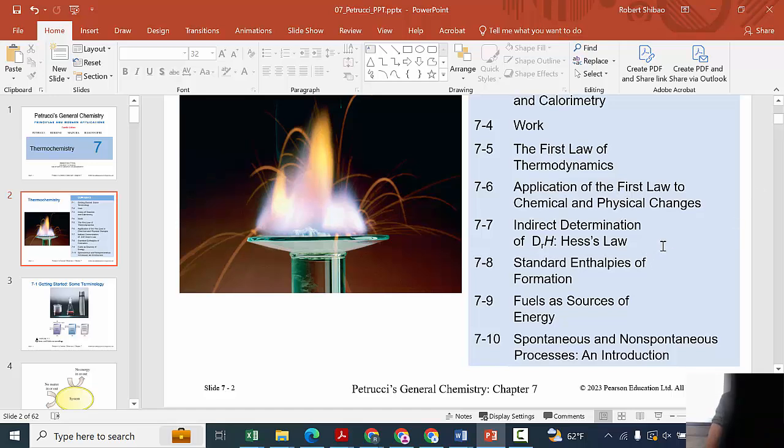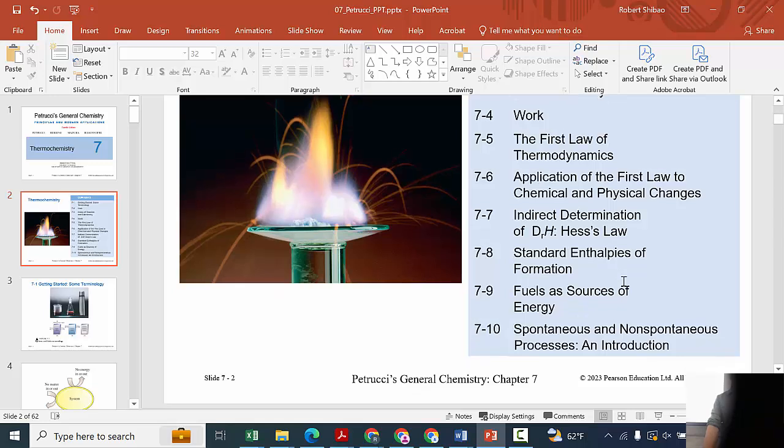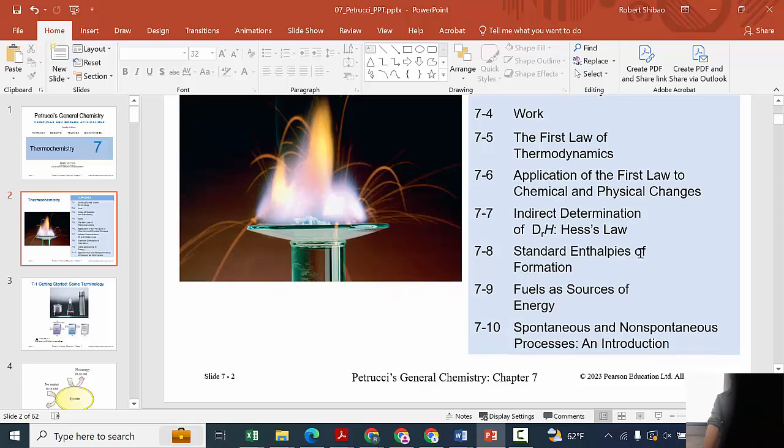Fuels are good reducing agents. If you have a good reducing agent, that's a good fuel. And so what we need to do is combine the fuel with the oxidizer, and then we can get energy from that. So like combusting methane. It's an example of chemical change, a chemical process that we can take advantage of the energy output from that.